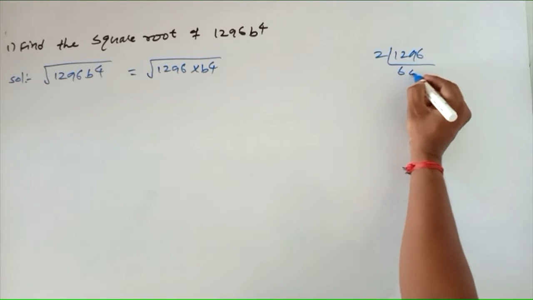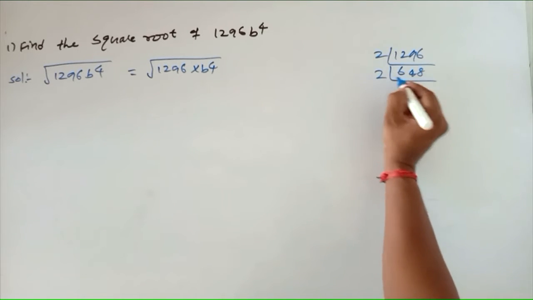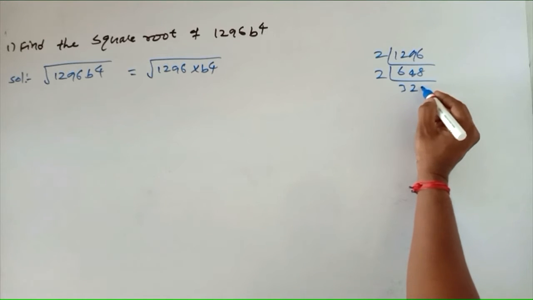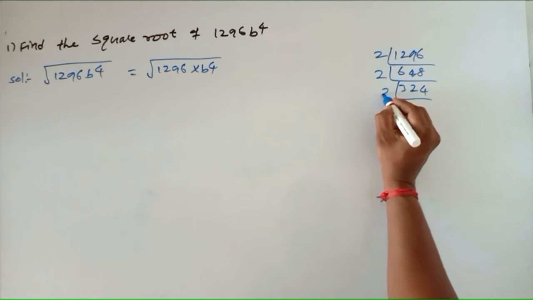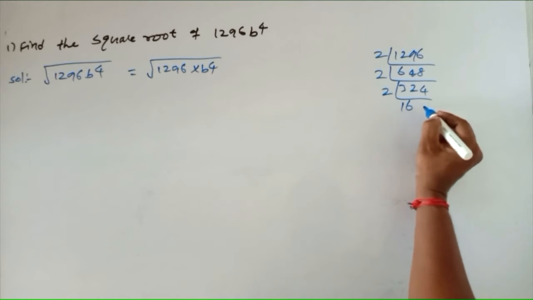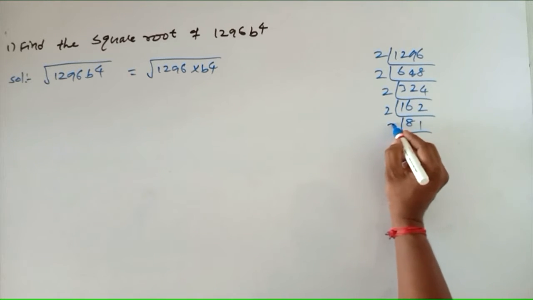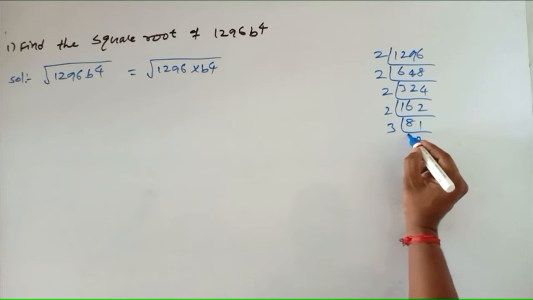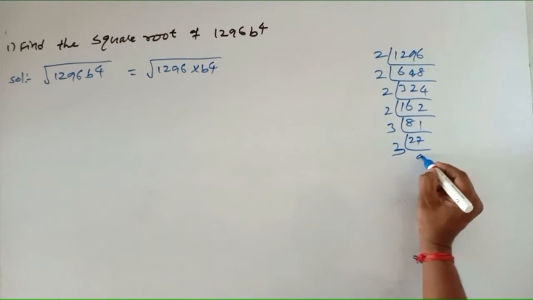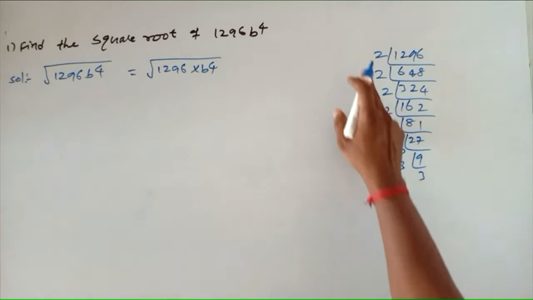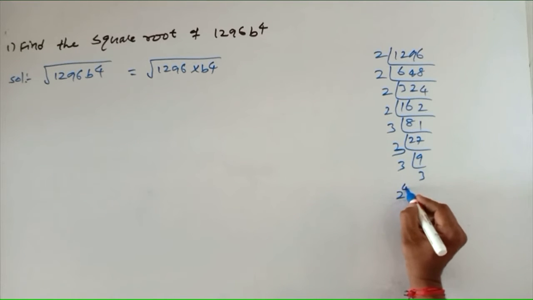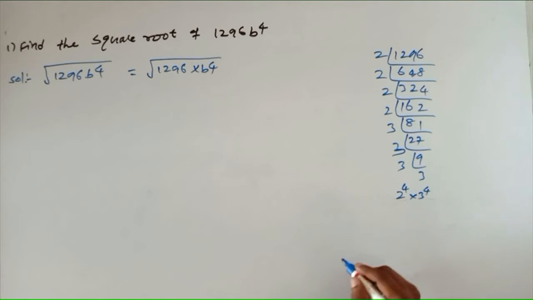Dividing by 2 repeatedly and then by 3, so how many 2s are there? 2 to the power of 4 into 3 to the power of 4.